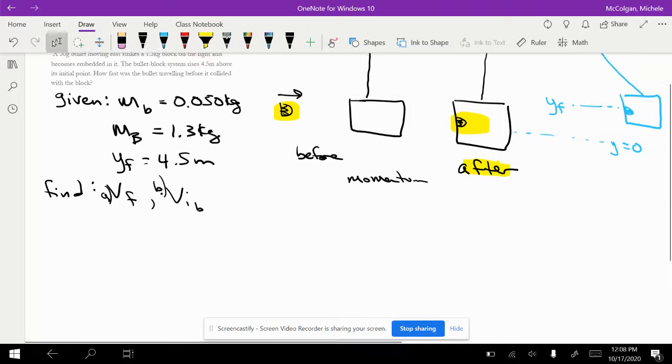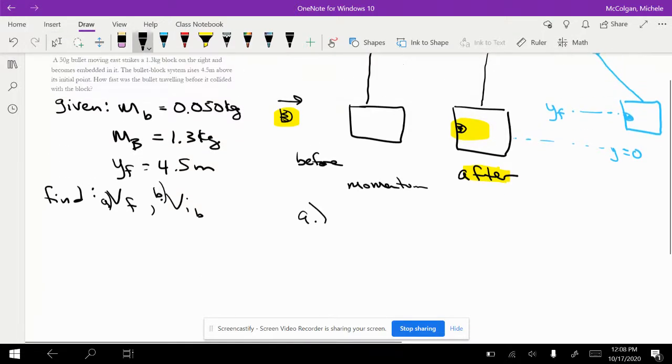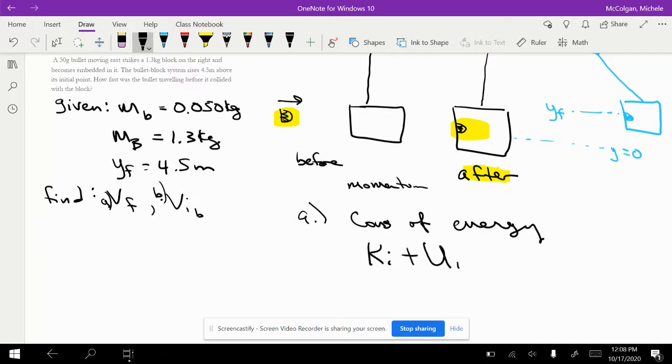So for A, we're looking for v final, and we're going to start with conservation of energy. We know that K initial plus U initial is equal to K final plus U final.